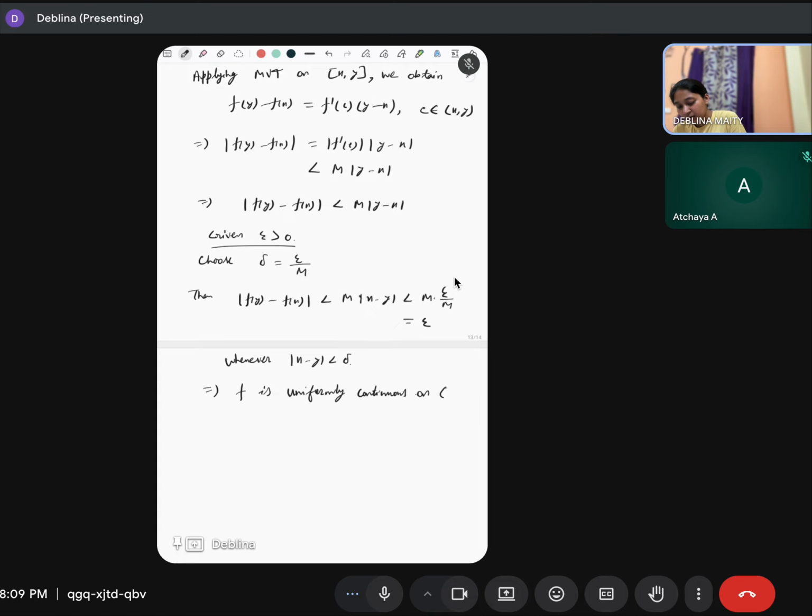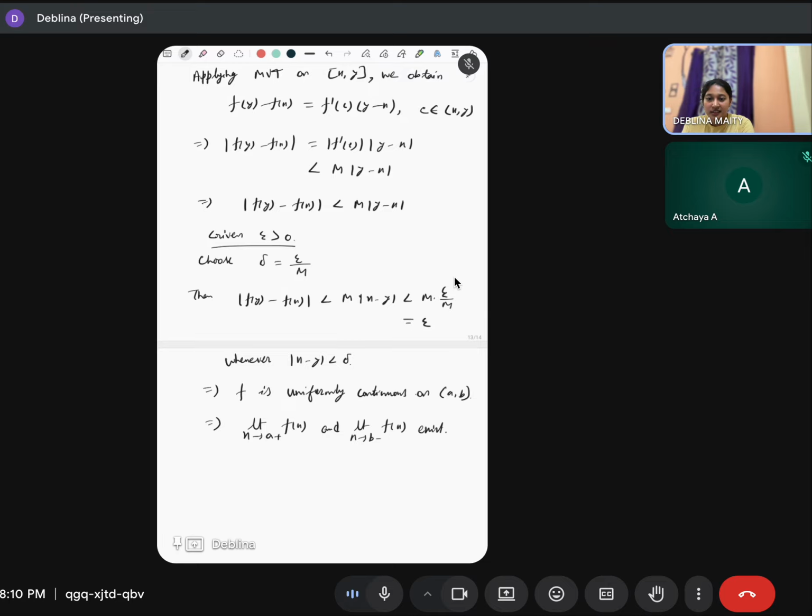So this means, since x and y are arbitrary numbers, f is uniformly continuous on open interval (a, b). Now since f is uniformly continuous on this open interval, we can extend f to the endpoints. So this implies limit x goes to a plus, if we approach a from the right, will exist, and limit x goes to b minus f x exists, right?